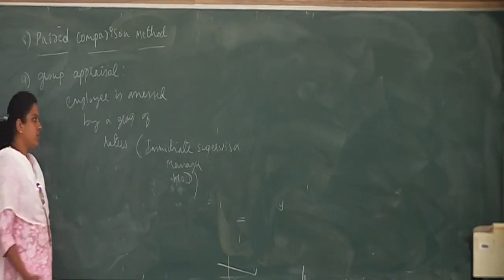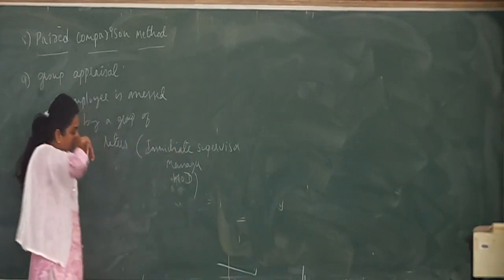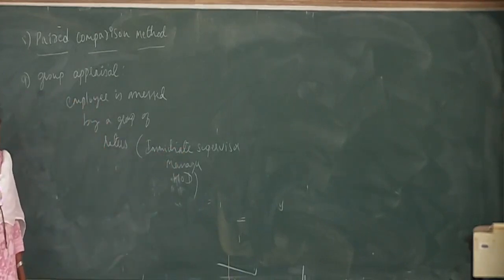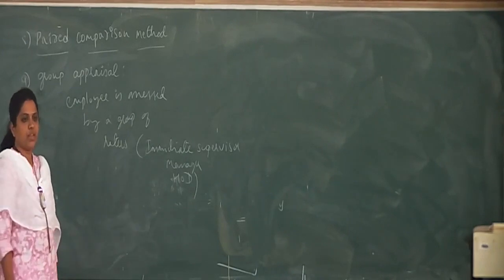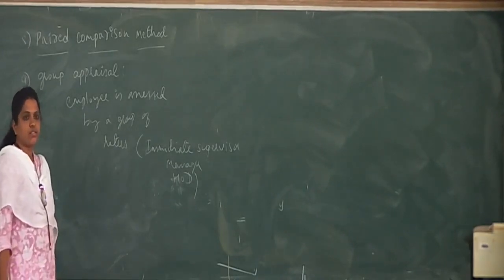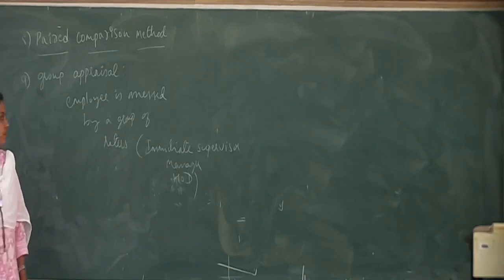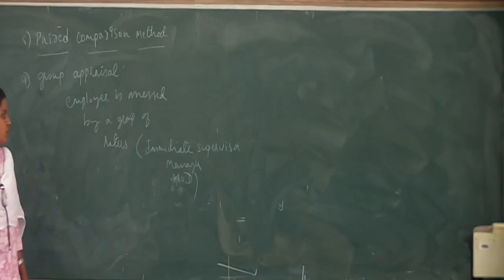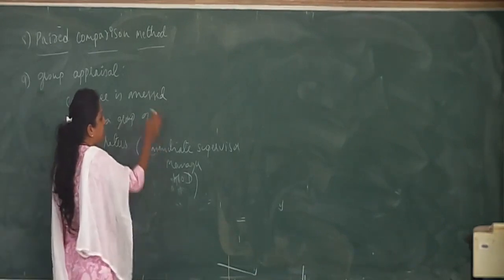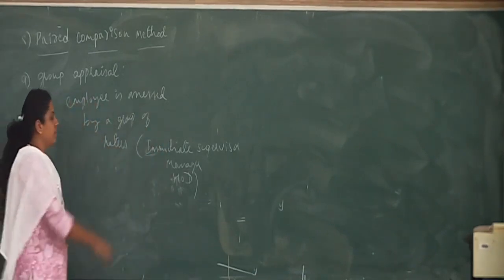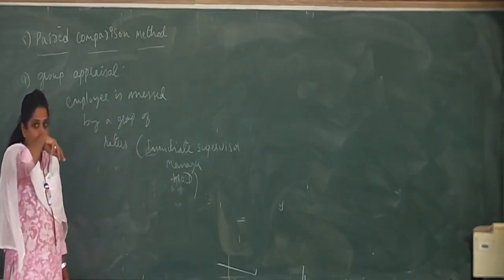Here usually the superior acts as a coordinator for the entire process, because he is the one who is observing the employee, how he is working on a daily basis, what the criteria or job expectations of the various jobs he is doing are, what is expected out of it, and how he is behaving. Okay, so he acts as a coordinator for the entire process, but together they will assess the employee.